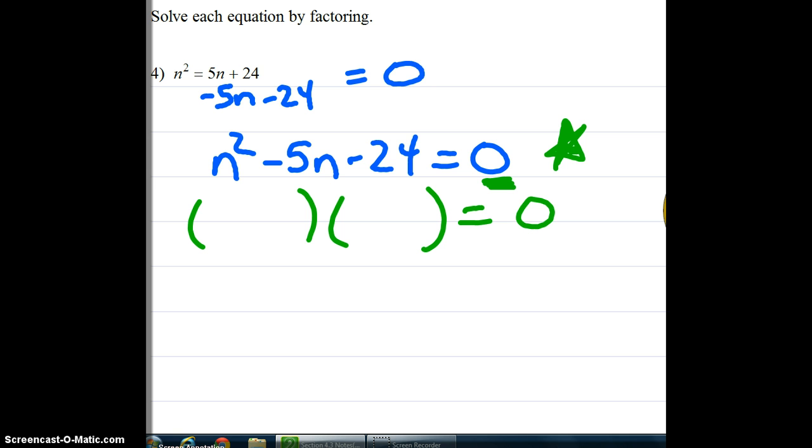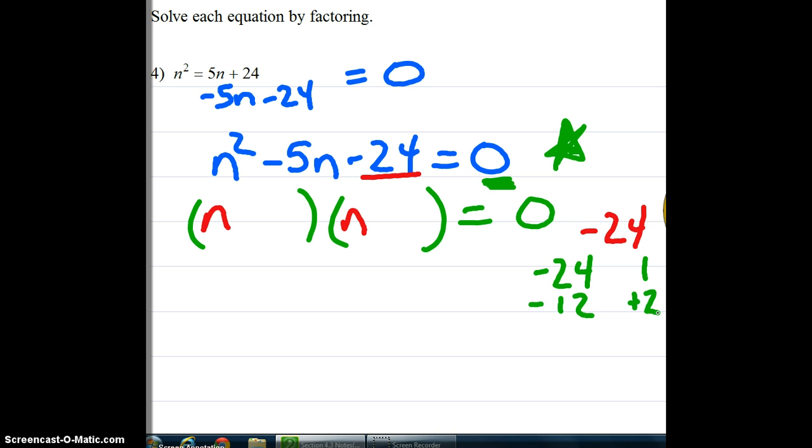Then we're back to the process. We're getting pretty good at factoring. And then we're looking at the factors of negative 24 that add up to negative 5. Again, my suggestion is to choose your biggest one negative, because they need to add up to a negative value.